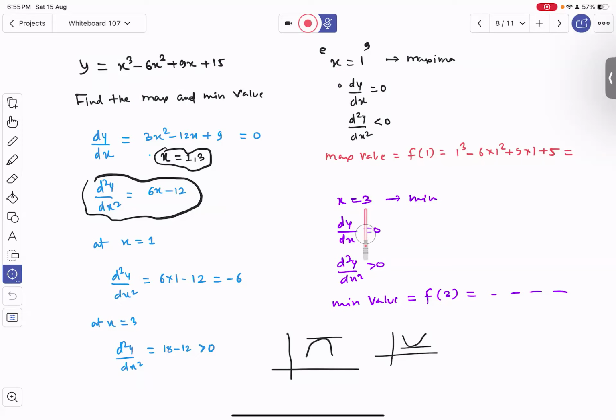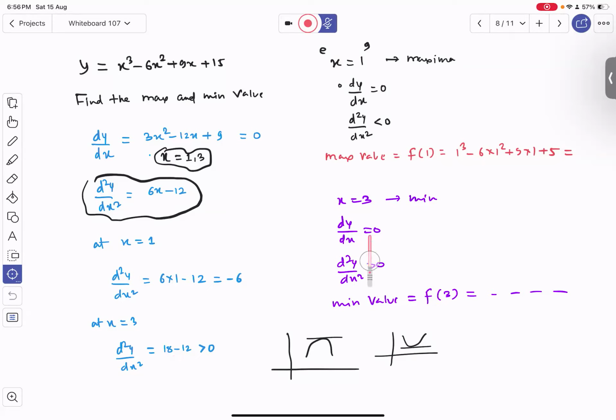Now, x equals 3 is satisfying the condition for minima. dy by dx at x equals 3 is 0, and the double differentiation is positive. Why? We found the function which is the double differentiation, and in that function we plug x as 3. We got double differentiation positive.